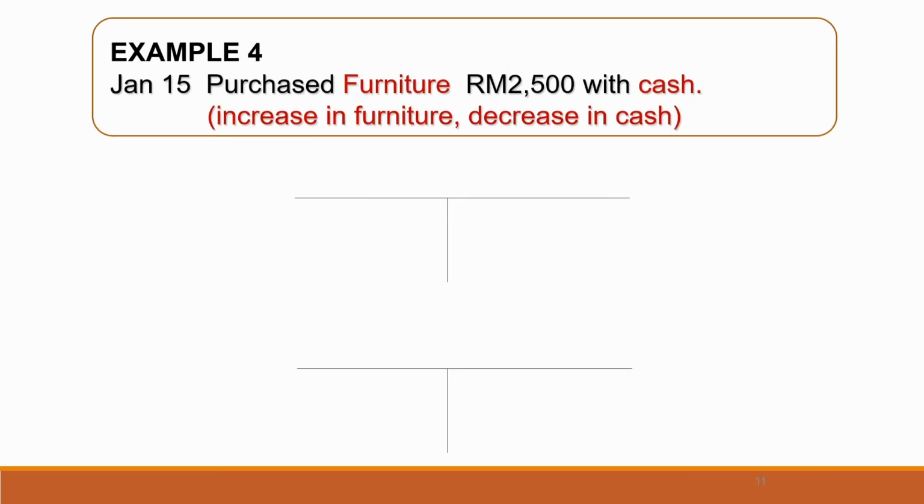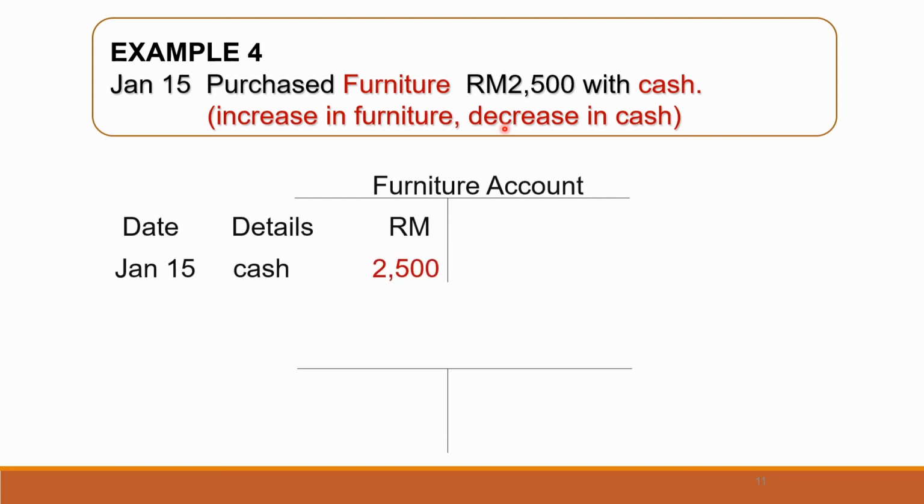The next transaction, 15th of January, purchase furniture RM2,500 with cash. So it means that it will increase in asset, furniture, and at the same time it will decrease in cash, or decrease in asset. So it will involve two accounts.